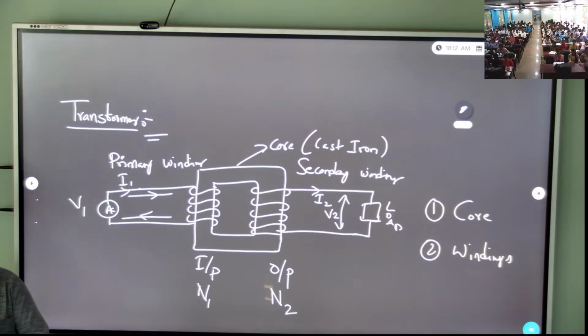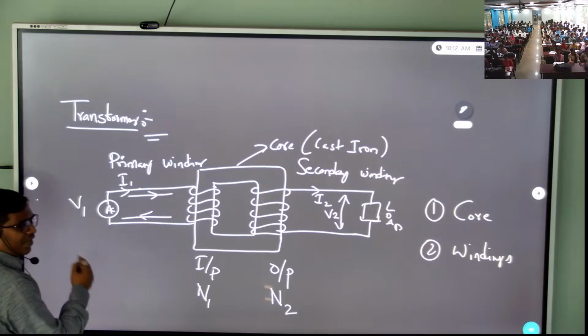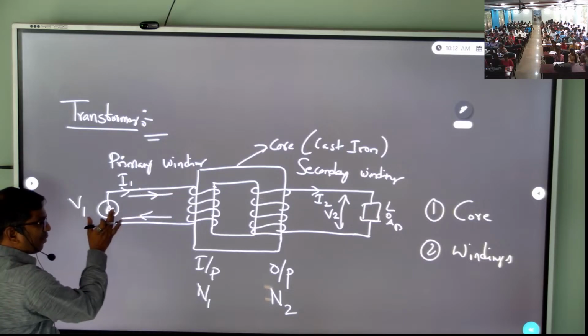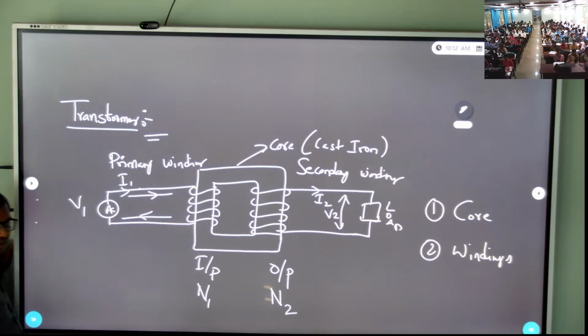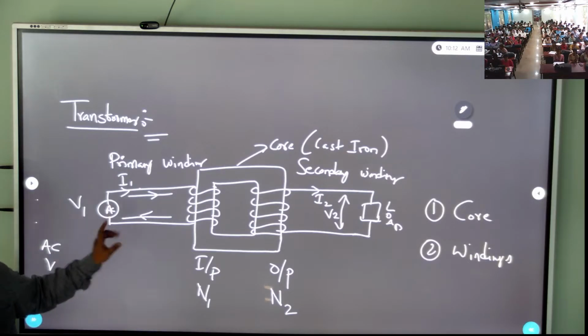Whenever an AC supply is applied to the primary winding of the transformer, what happens?